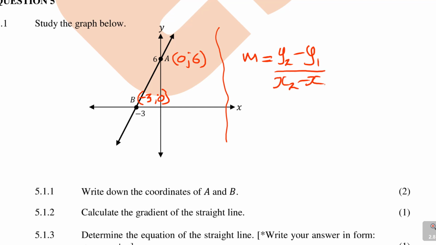Yes. So now, what do we do from there? y2 is going to be 0 minus 6 over 0 minus 3. Now be careful there. Whenever you start, you said y2. This is your y2, so this becomes my x2. So you must label them like that.